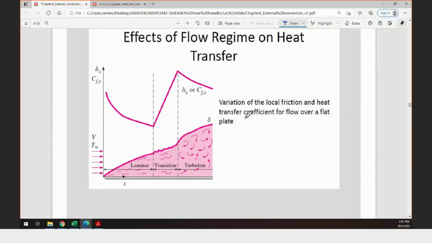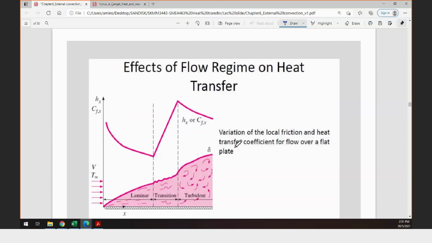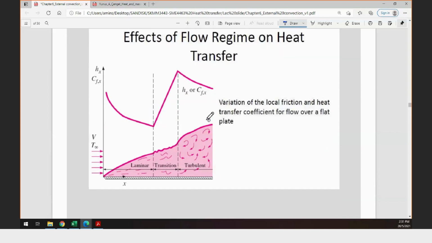So why is this laminar and turbulent flow so important? Look at this graph. This graph is actually available in your textbook, Figure 7.9.